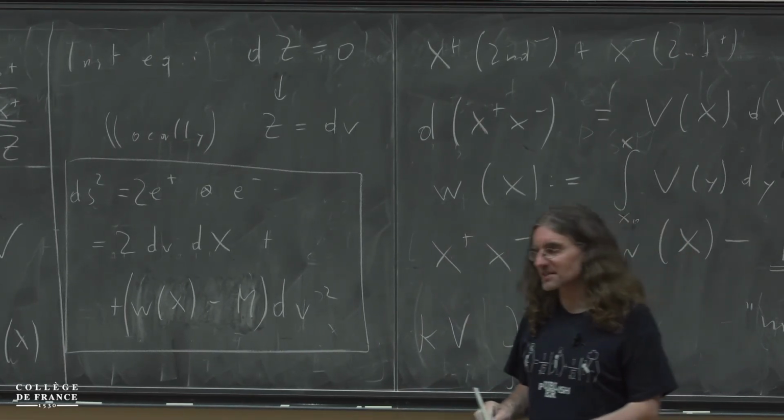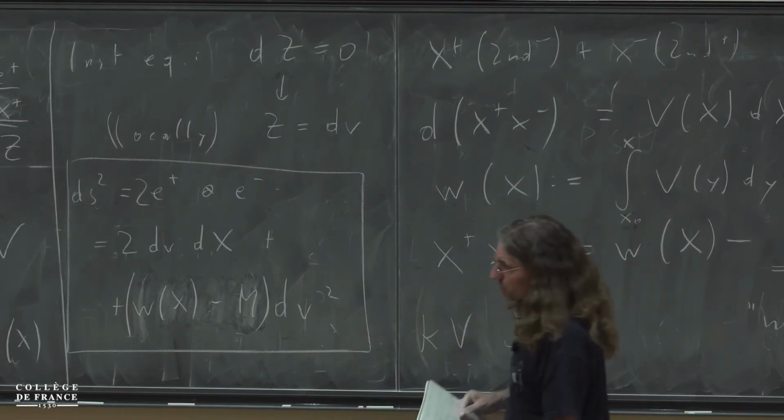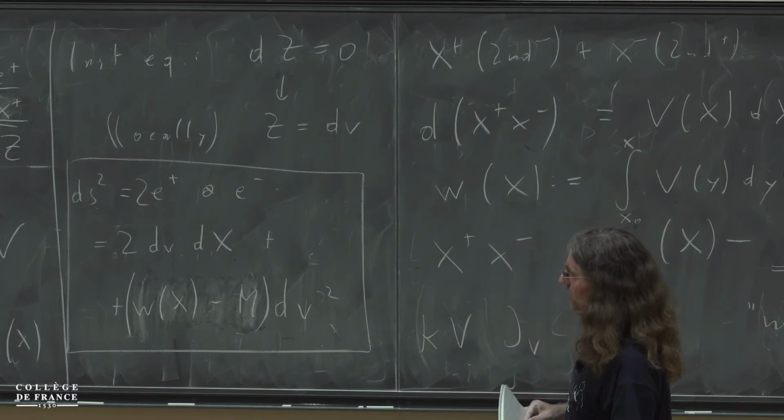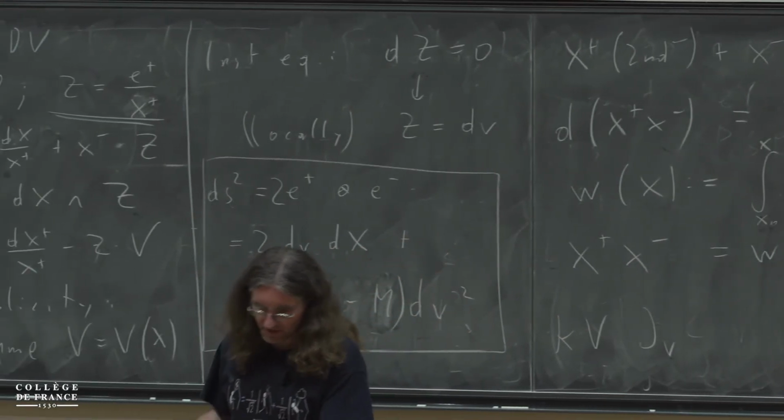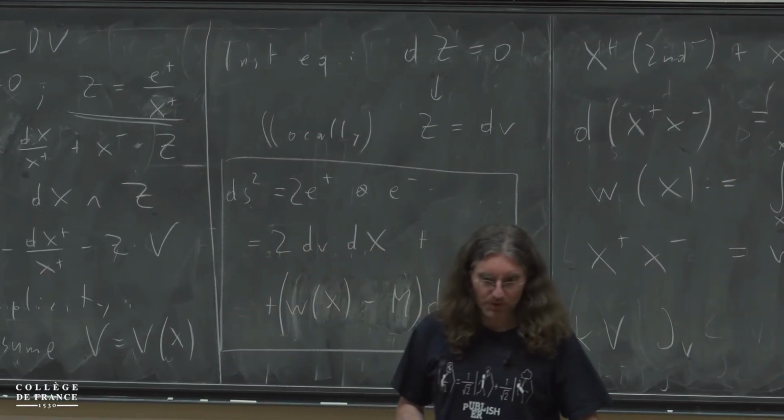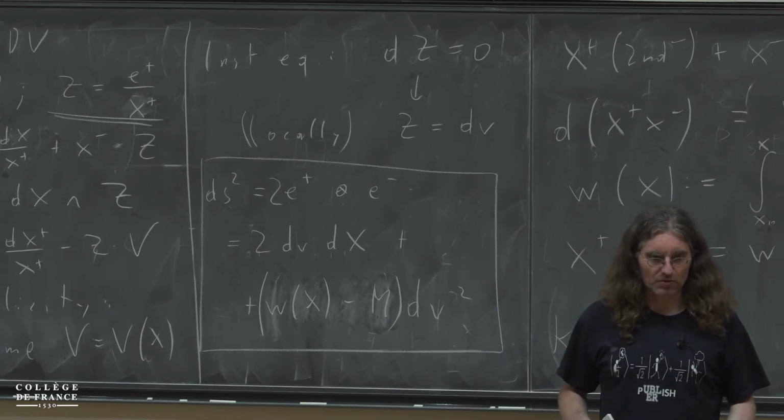It's like imposing boundary conditions when you try to solve differential equations. And you have to make sure that whatever boundary conditions you are imposing, they are compatible with the actual differential equations that you're trying to solve.